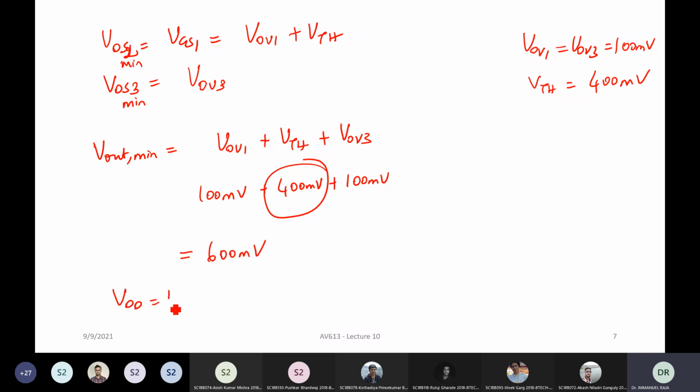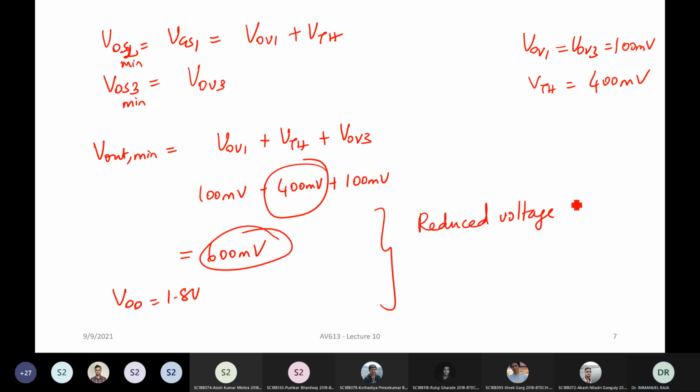If your VDD is, let's say, 1.8 volt for a 180 nanometer technology node, and the threshold voltage of 400 millivolt is a very reasonable value, it means that you almost need 1/3 of your supply voltage to come across your current source, which is literally a waste of voltage headroom. This entire problem is called reduced voltage headroom.